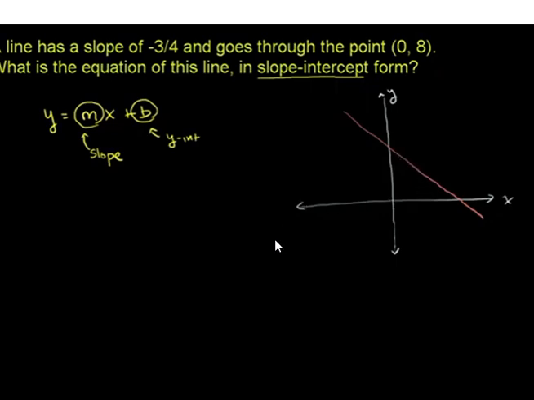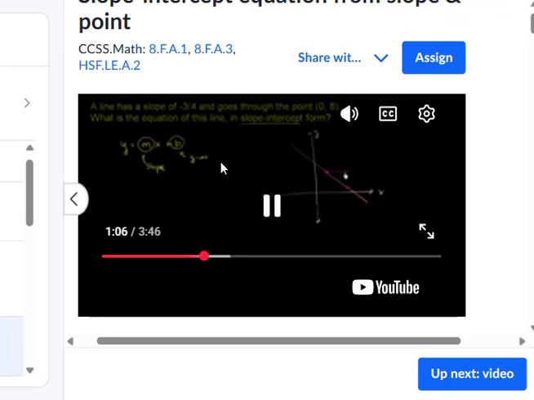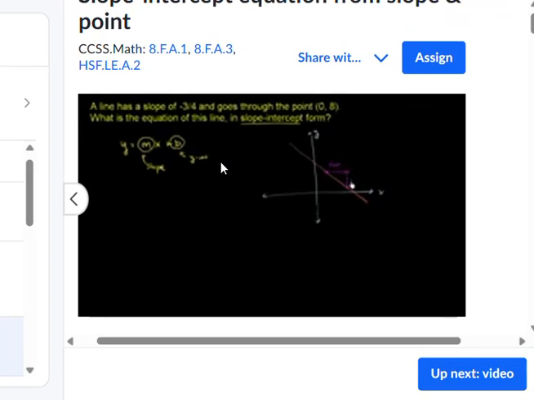The slope essentially tells us, look, start at some point on the line and go to some other point on the line, measure how much you have to move in the x direction, that is your run, and then measure how much you have to move in the y direction, that is your rise, and our slope is equal to rise over run.